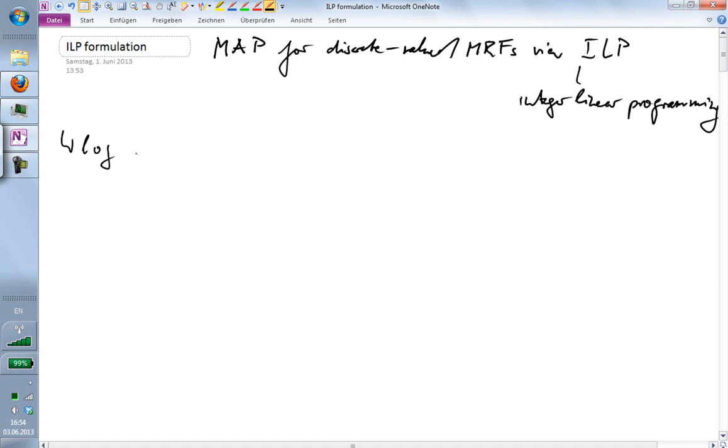Without loss of generality, we will consider only pairwise MRFs.